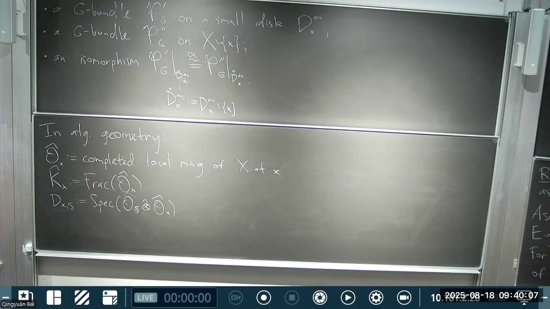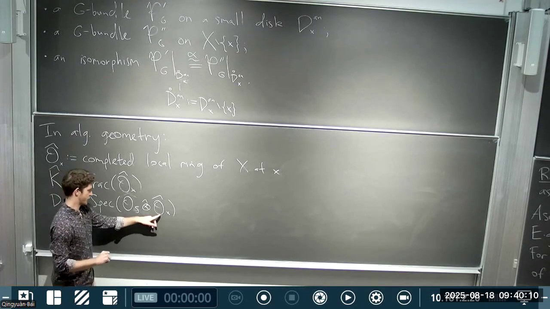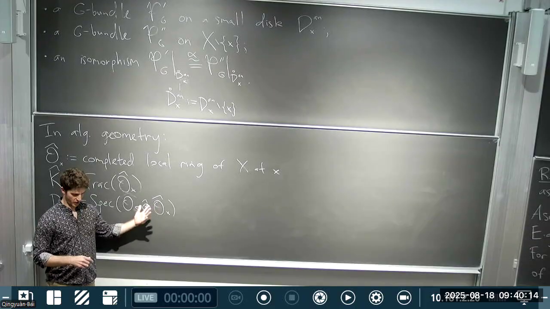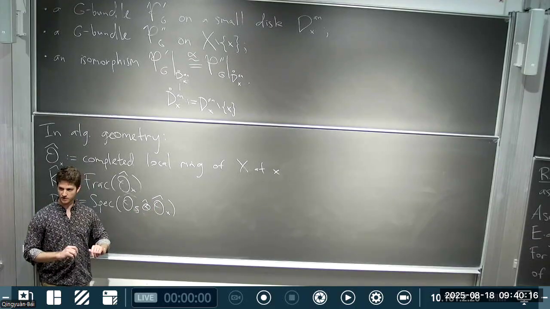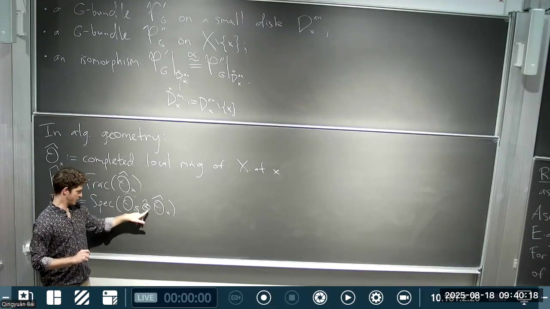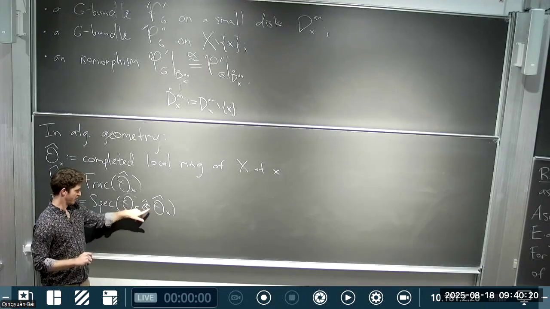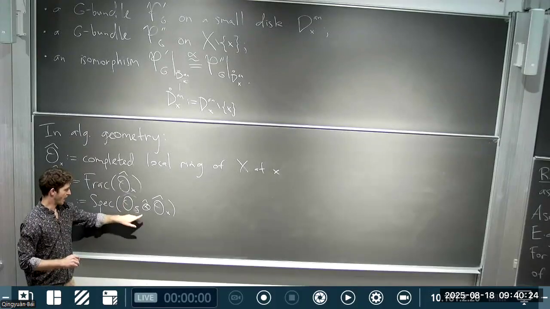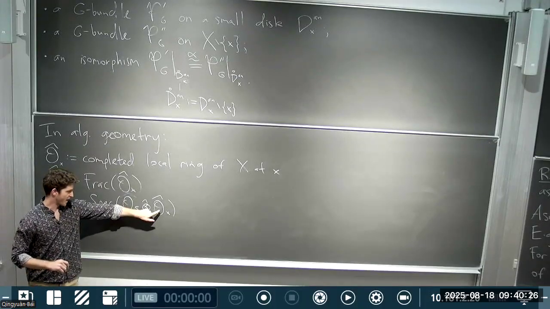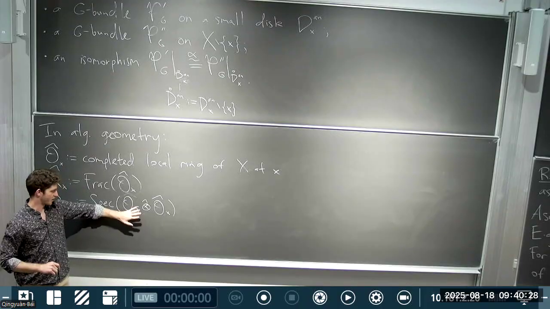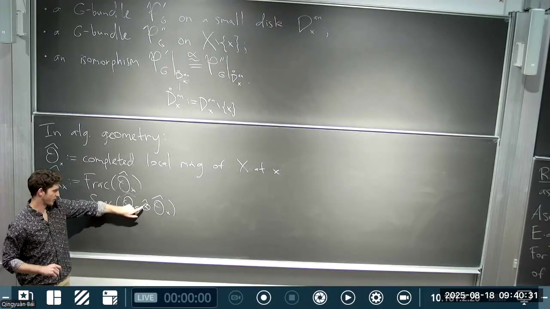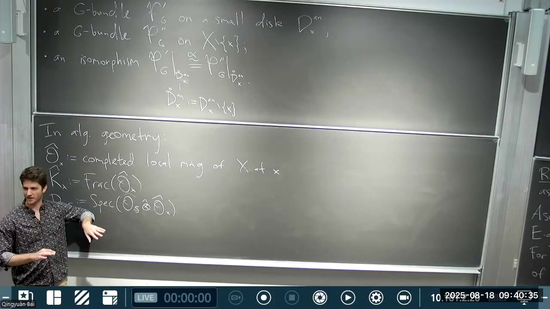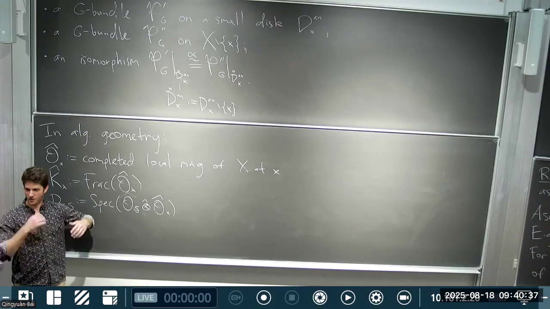Again, this is written as a limit of functions modulo powers of the maximal ideal, functions vanishing at x. The completed tensor product means form the tensor product of each of those finite dimensional quotients and then pass to the limit. More explicitly, if I identify O hat with power series in this case, this is going to be the ring of power series with coefficients in O of S. It's not the same thing as the abstract tensor product. This is an annoying thing that you have to deal with.